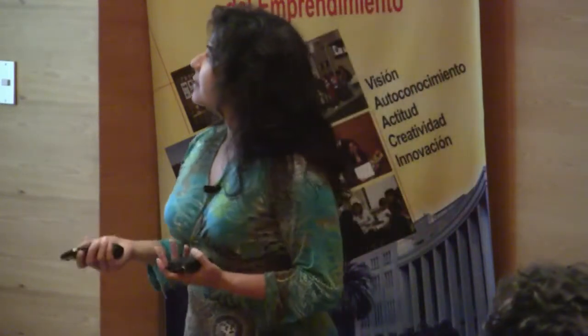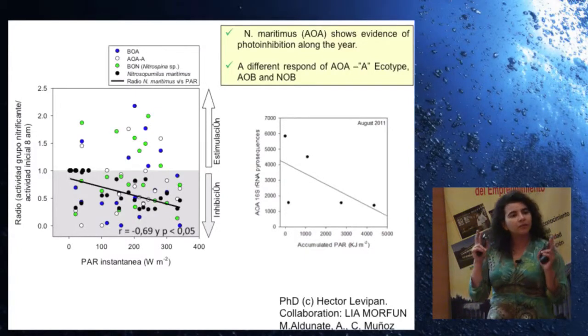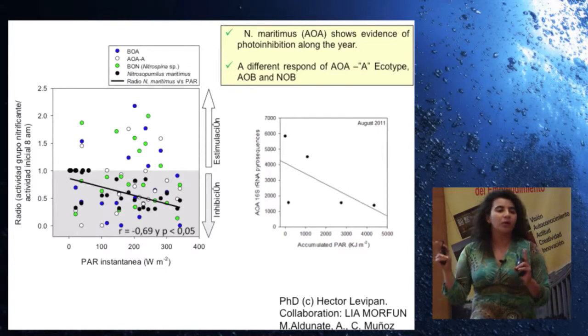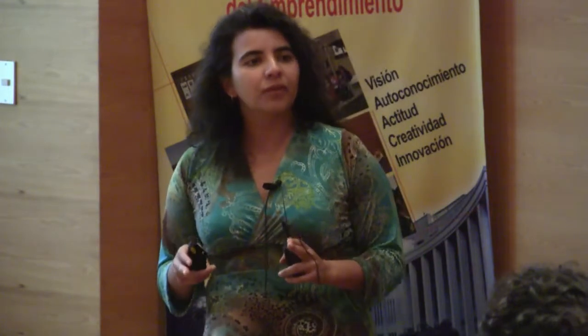And we found out, for example, this is the activity with qPCR using functional genes in the case of ammonium oxidizing bacteria, but using phylogenetic markers for Nitrospina, which was the main dominant nitrite oxidizing bacteria.